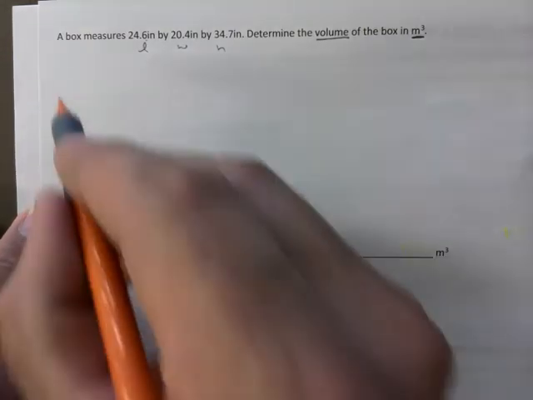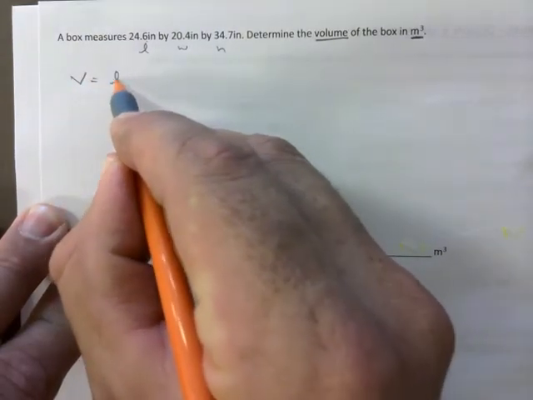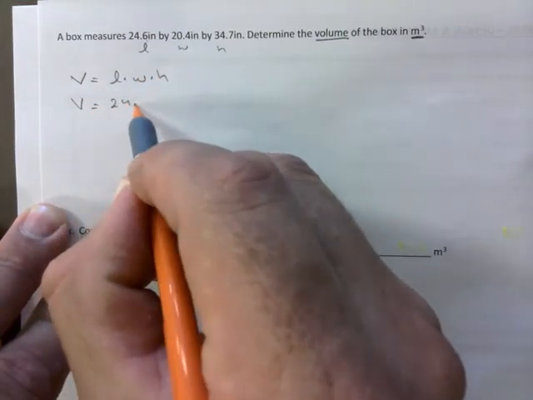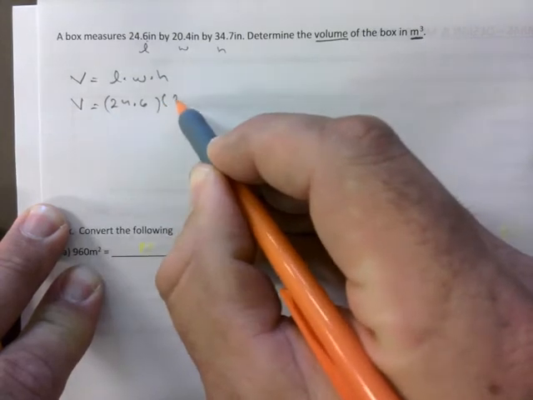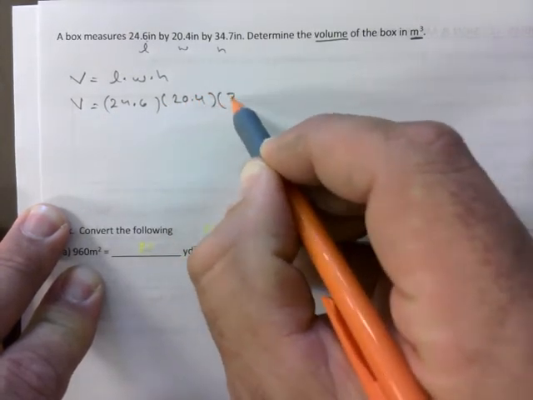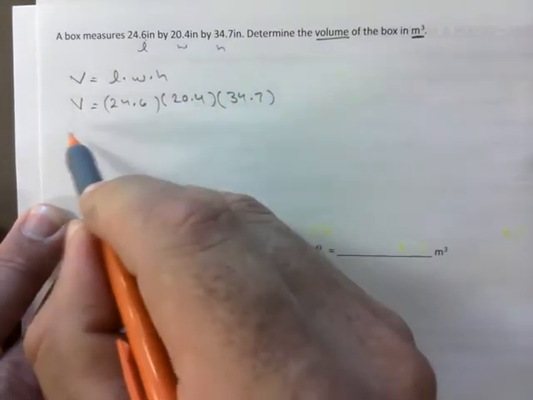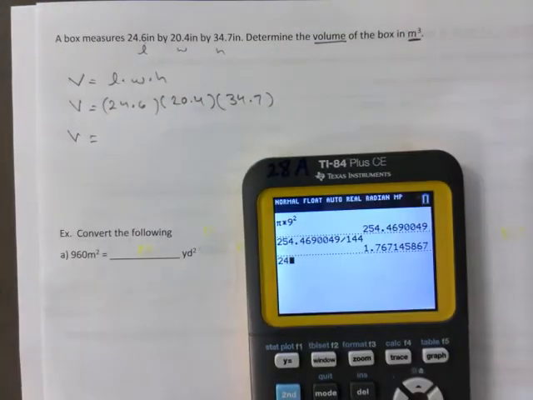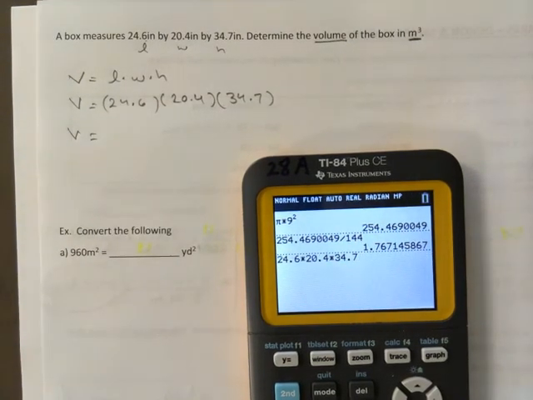So volume of a box is length times width times height. So that would be 24.6 times 20.4 times 34.7. So I'm going to go ahead and do that.